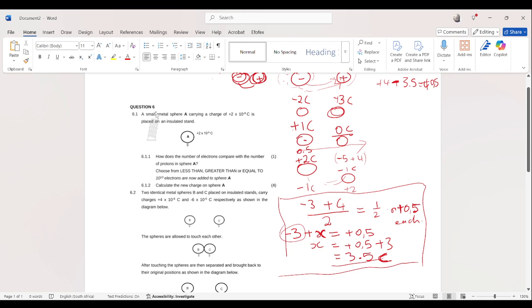They say a small metal sphere carrying a charge of 2 times 10 to the power of minus 9 is placed on an insulated stand. There it is. How does the number of electrons compare with the number of protons in A?